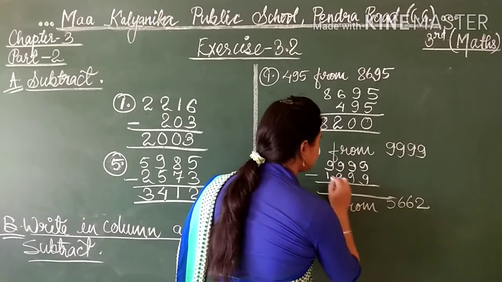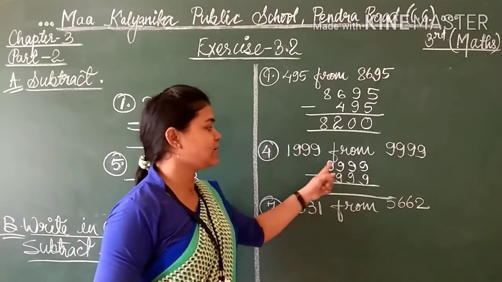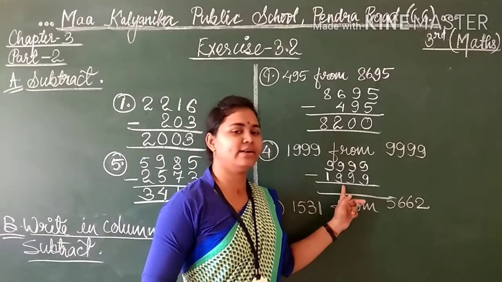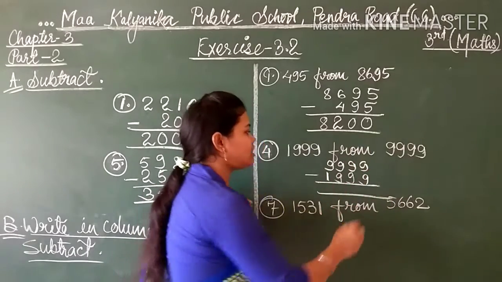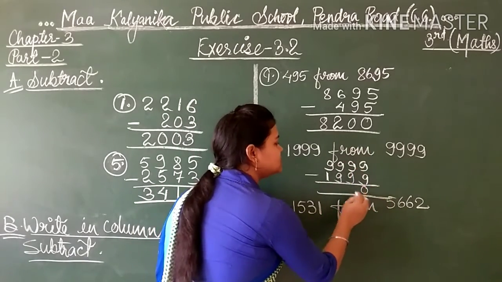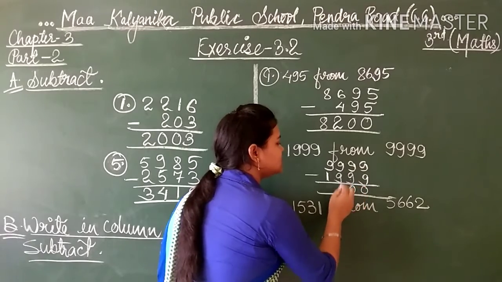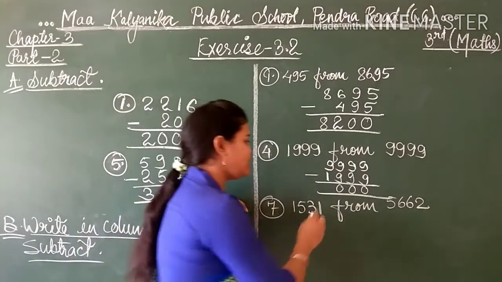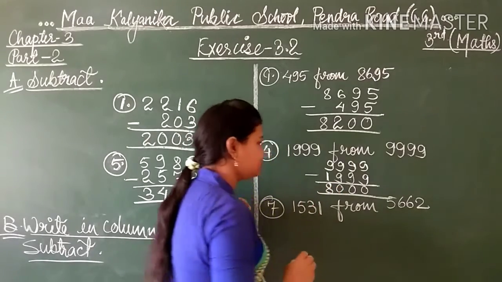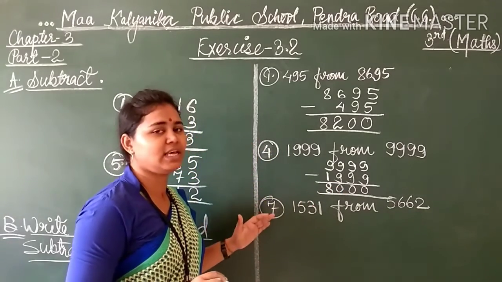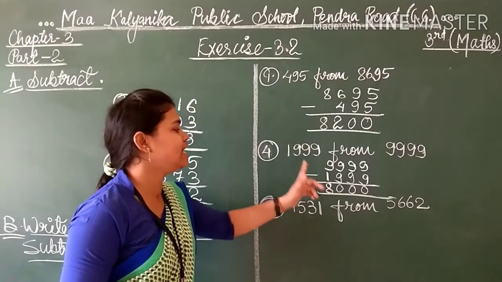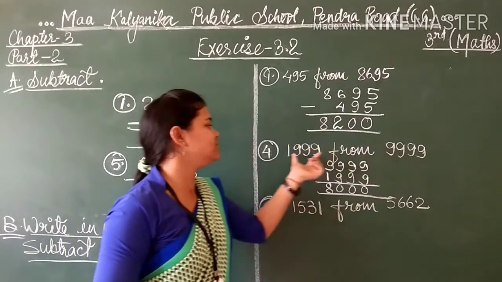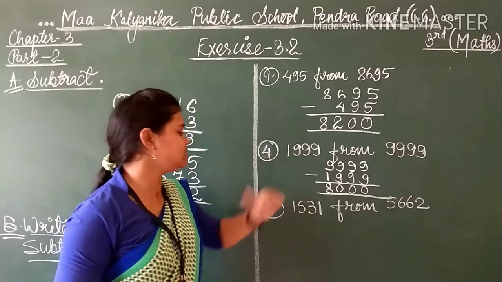So you can read the number, 9999 minus 1999. Simply subtract: 9 minus 9, 0. 9 minus 9, 0. 9 minus 9, 0. And 9 minus 1, 8. So the answer received in question number 4 is 8000. First we have written this number and then the lower number is this.